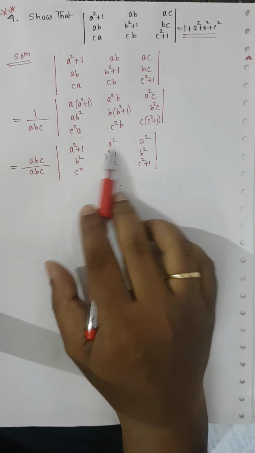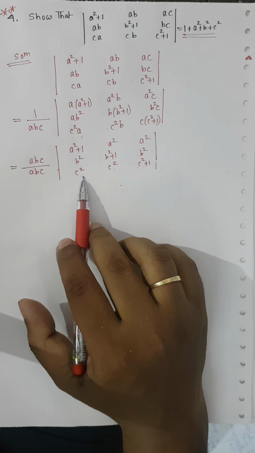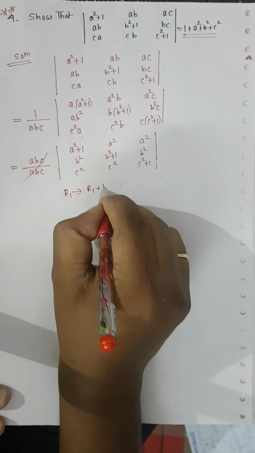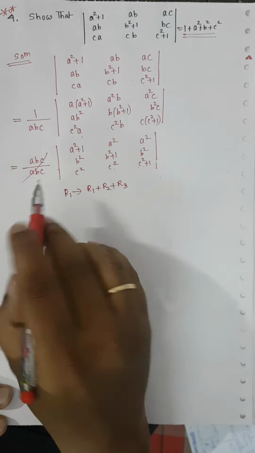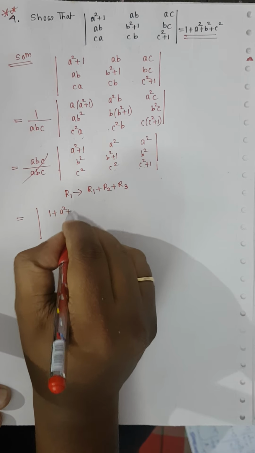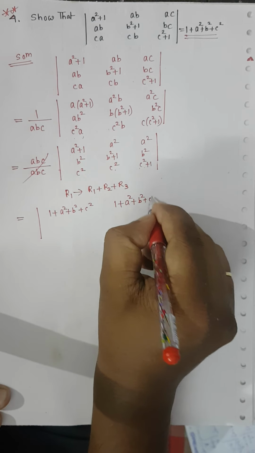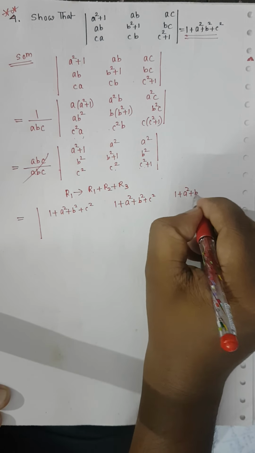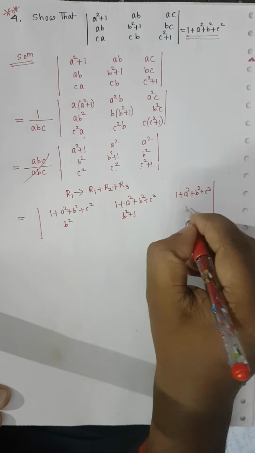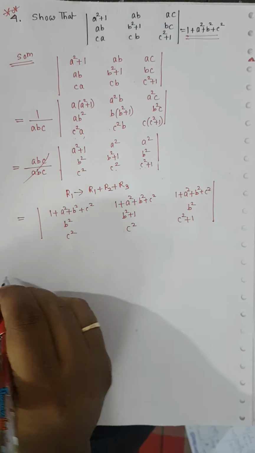If I add row 1 with row 2 with row 3, I will have a square plus 1, b square plus c square. So clearly I can write r1 is equal to r1 plus r2 plus r3. Here abc cancelled, so it becomes 1 plus a square plus b square plus c square in every entry of row 1.